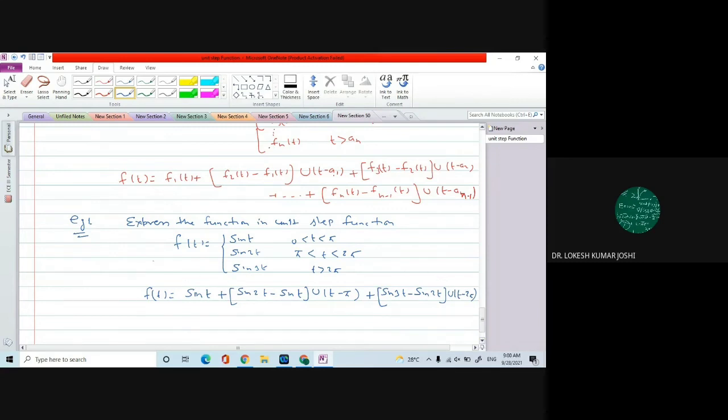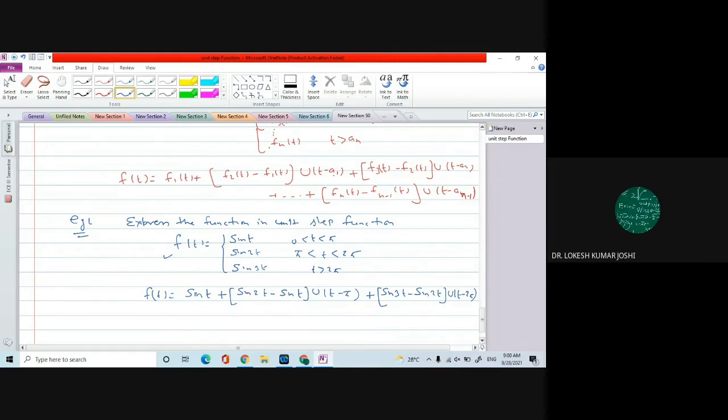With the help of unit step function, we can write this piecewise continuous function in terms of unit step function.